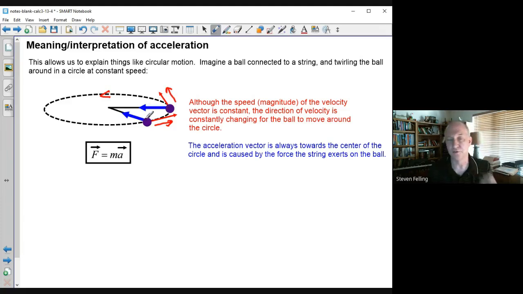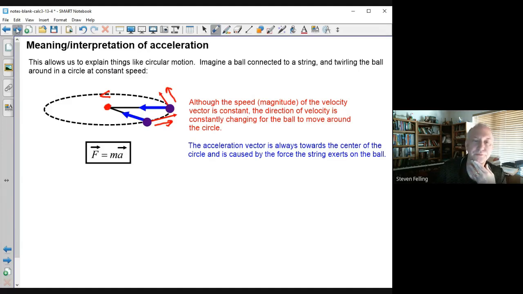So in this case, the force is being imparted by the person holding the string, and the force is towards the center of rotation like that. And that's an acceleration that way, right? So acceleration defined as a vector allows us to analyze forces that are not necessarily causing a change in speed, but are causing changes in the velocity vector's direction.